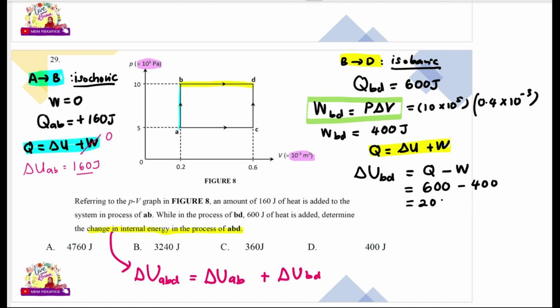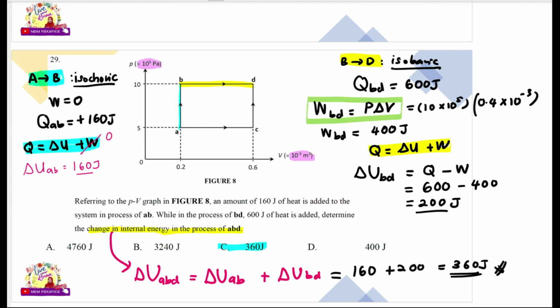It is equal to 200 joule. Okay. Therefore, the change in internal energy for the whole process ABD is equal to 160 plus 200, and it is equal to 360 joule. Okay, so the answer is C.